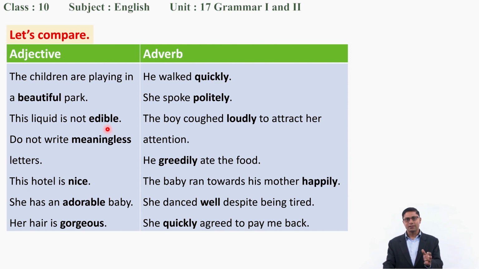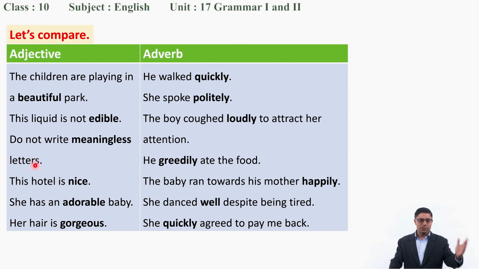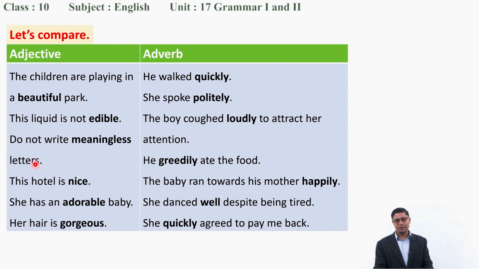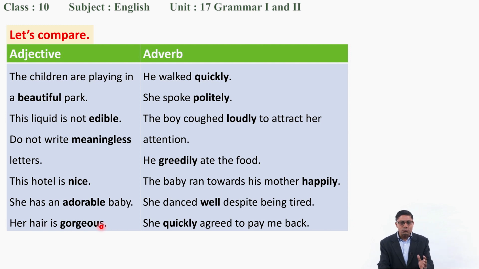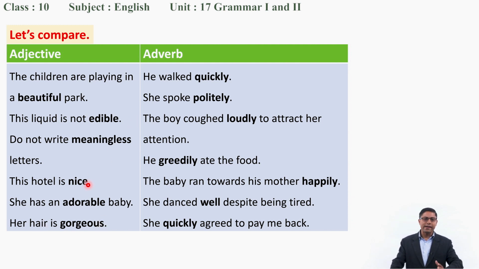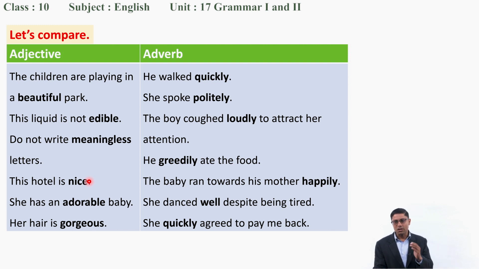Certainly you will say, it's not edible. So it describes liquid. In the same way, meaningless letters. The word meaningless modifies the word letters. Nice modifies hotel. Adorable baby. How is the baby? Adorable. How is her hair? Gorgeous. So in this way, adjectives modify nouns. They talk about nouns.